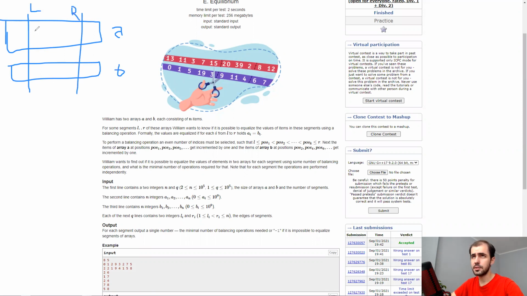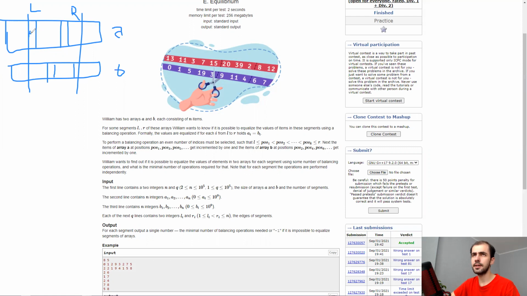We want to equalize them. The operation we can perform is we select an even number of positions, I believe. Like let's say we select this position, then somewhere here this position in A, this position in B.